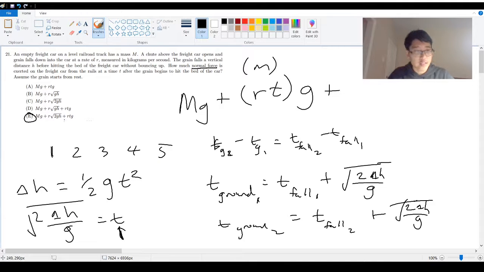You can see that this makes sense because as time goes on there's more grain on the car, so the R t term continually gets bigger. But this value always stays the same, because the force required to keep stopping the grain is only dependent on the rate that the grain falls down. It's not dependent on how much grain is on the car at that time, right? So that's the final answer.